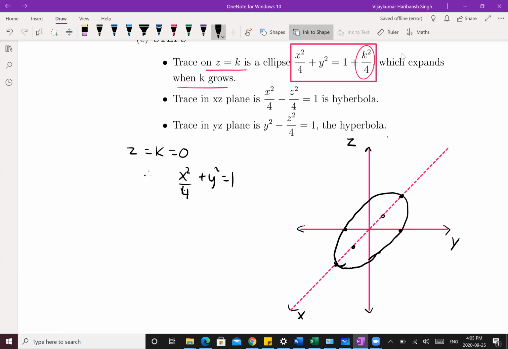And as k becomes larger and larger, the size of the ellipse also goes bigger and bigger. When k is 1, the ellipse is bigger.